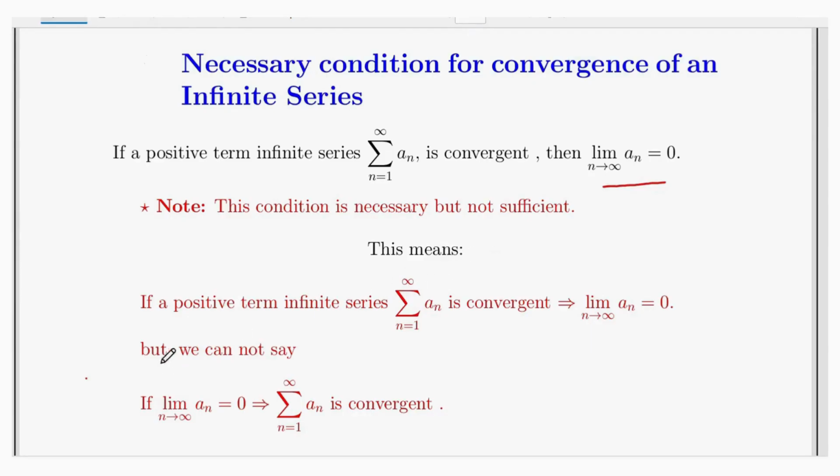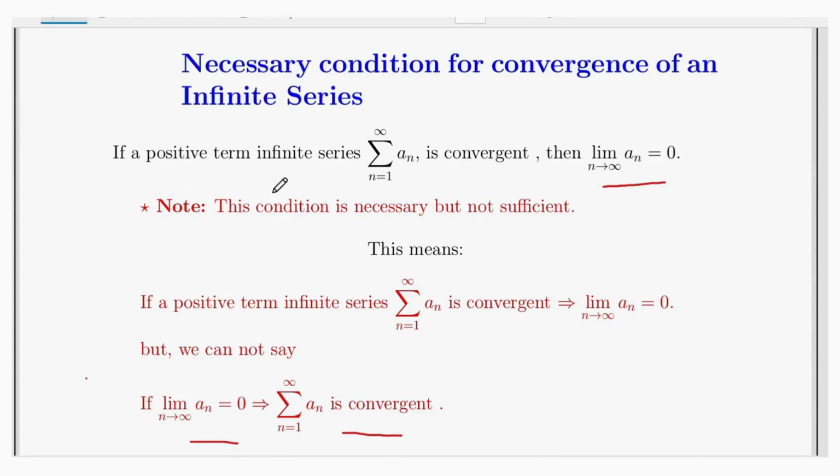This means if a positive term infinite series an is convergent, implies limit n tends to infinity an equal to 0. But we cannot say if limit n tends to infinity an equal to 0, then the series is convergent. Okay. So what is the meaning of necessary condition? Only one way is possible.